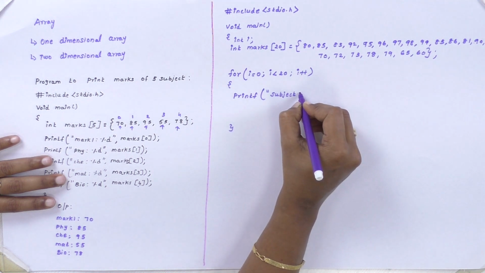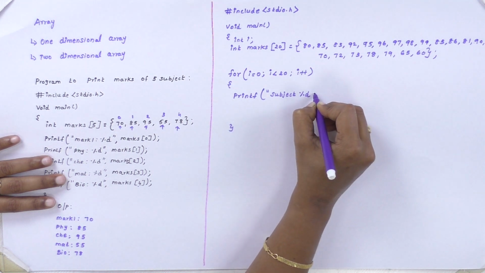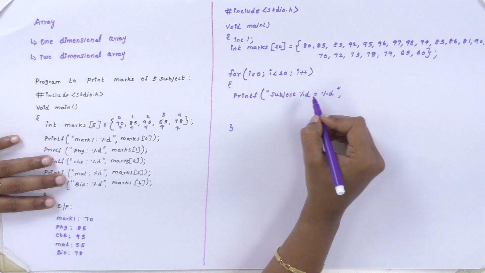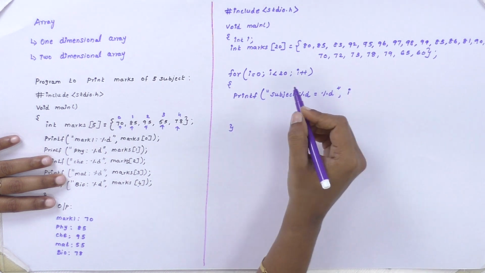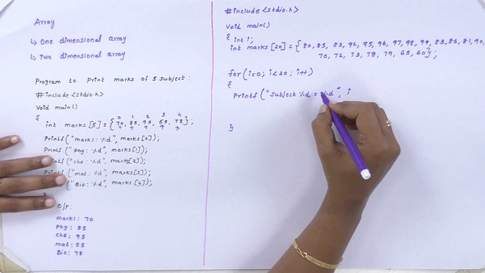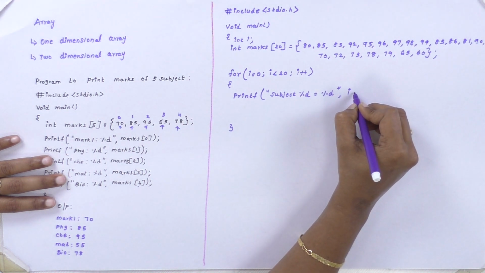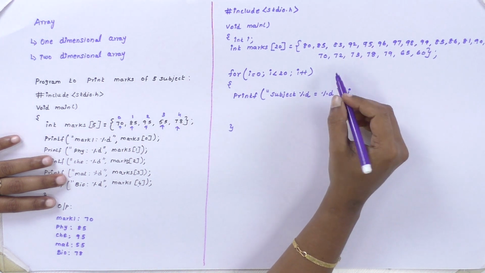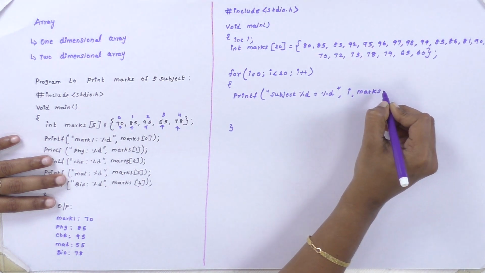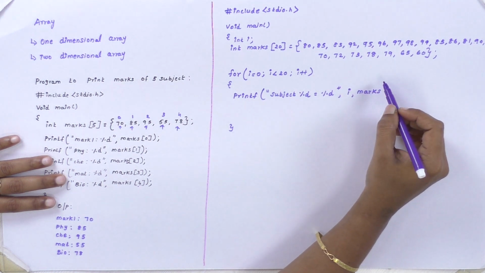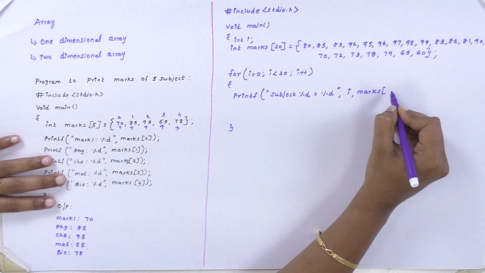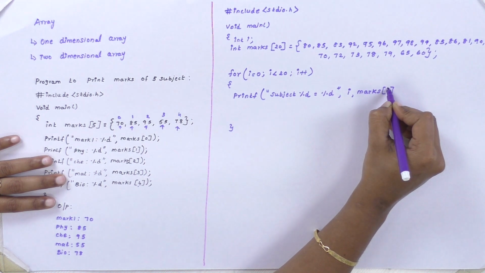So for that %d equal to %d. So this %d represents i. For example, subject of 0, then subject of 1 like that. So comma, this %d represents marks. So marks of, every time the index value should update. So here I have to use i.